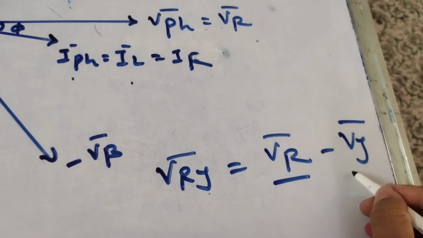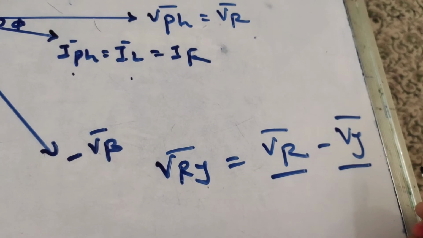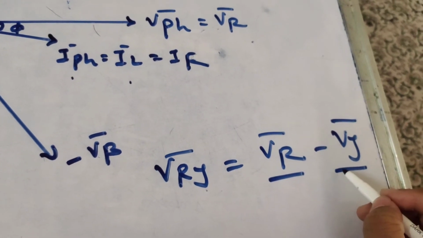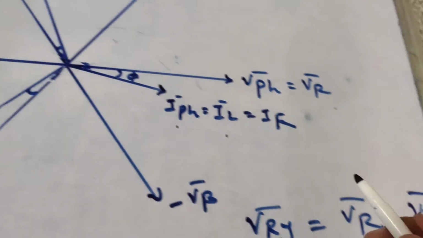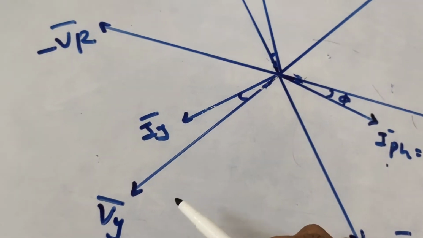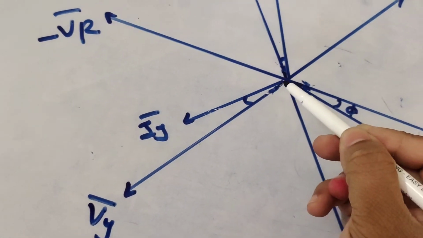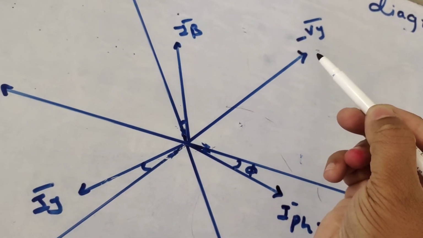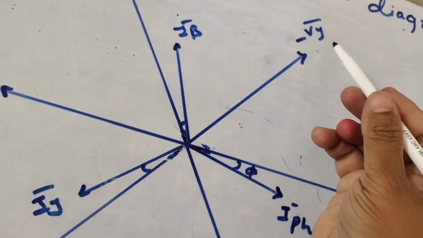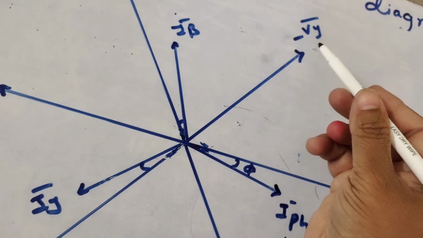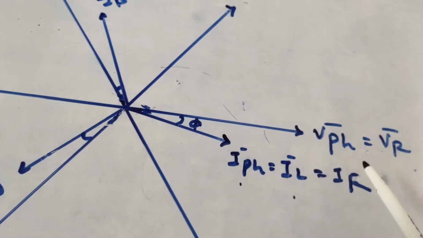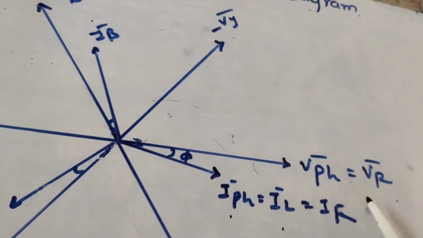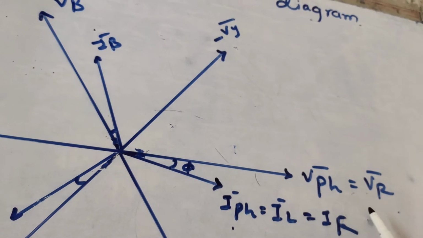VR is positive and VY is negative. So to draw the negative, we extend VY in the opposite direction, exactly 5 cm. It represents minus VY. Now the resultant of minus VY and VR will give the VRY.